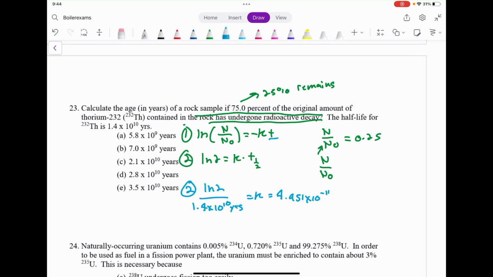Okay, there we go, we got k. Now we can go on to equation 1. Natural log of 0.25, which we noted earlier because we know 25% is remaining. So we know that's 0.25 in the parentheses. And that equals negative the rate constant we just calculated. Also, this is in reciprocal years. Plug this in.